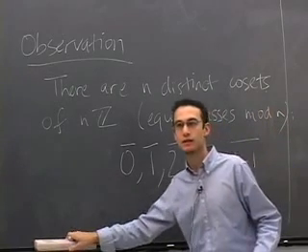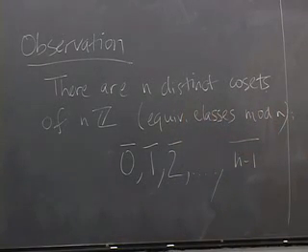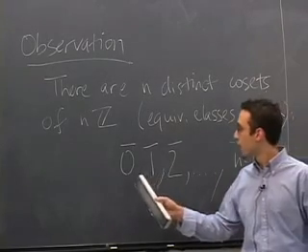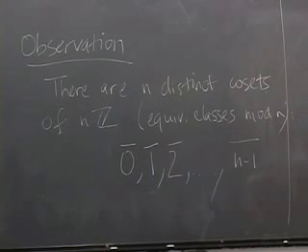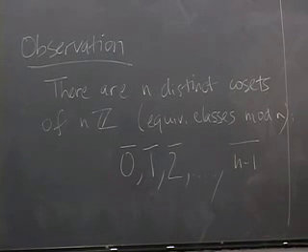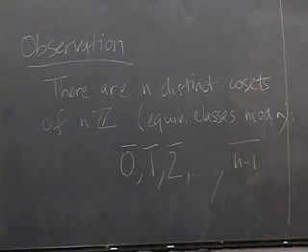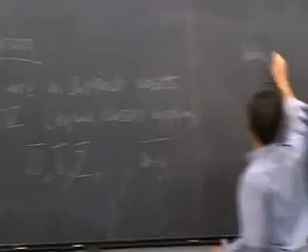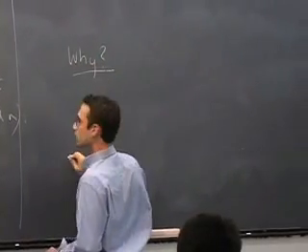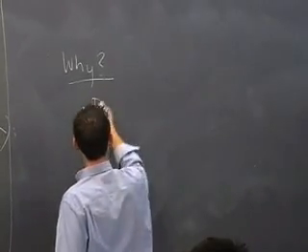Why is this? Can anybody give me a quick proof at least that every coset, or every equivalence class, is of this form? Go ahead. Exactly. So this is a matter of taking advantage of the division algorithm. So why? Well, at least in one part, it's the division algorithm.